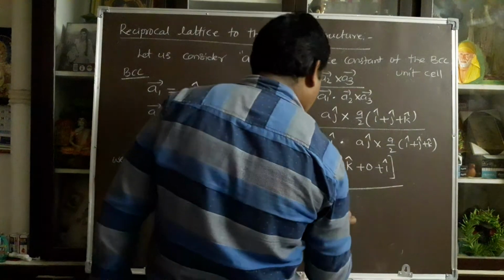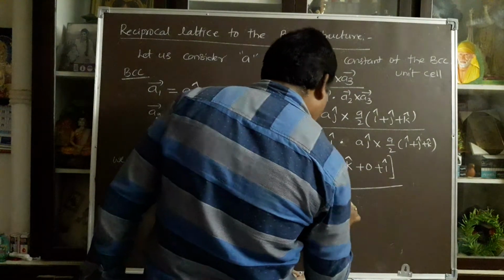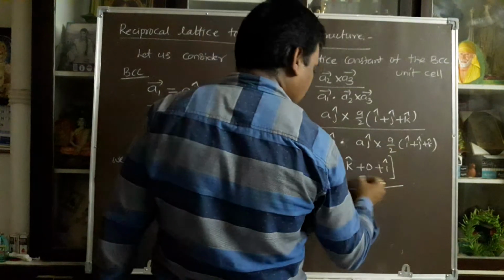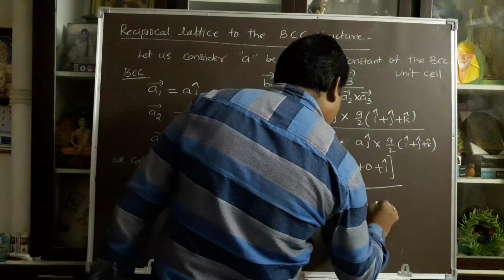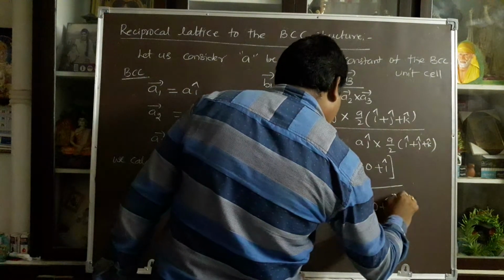First i bar dot the j bar cross result, which is minus k cap plus 0 plus i cap.